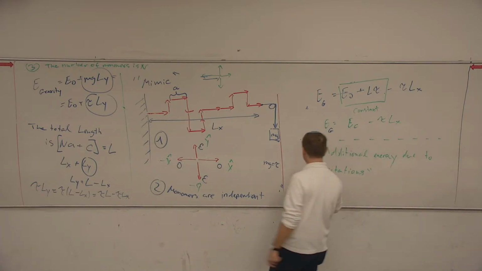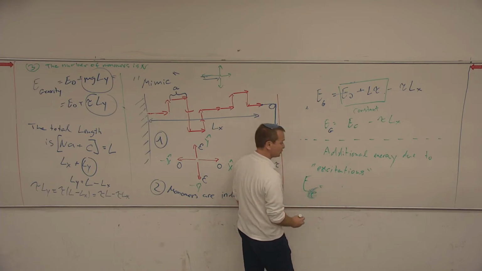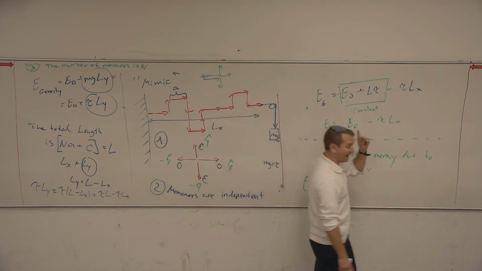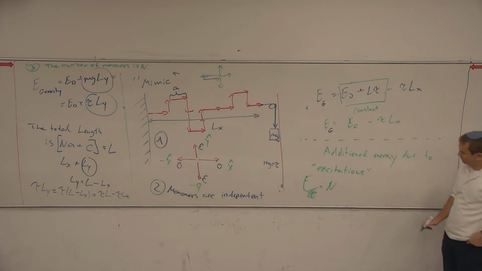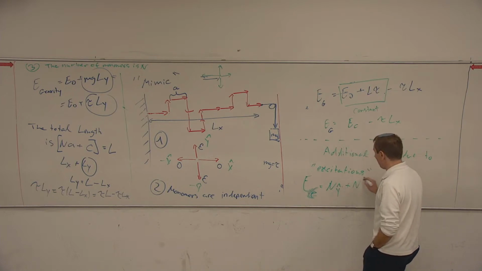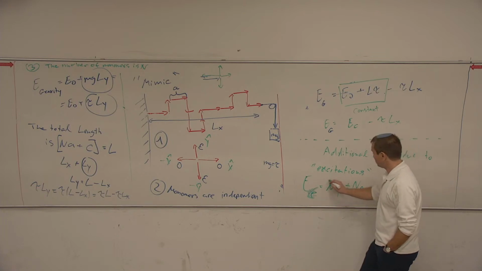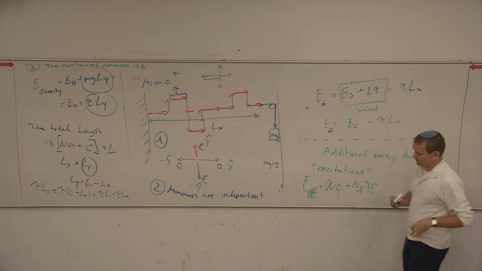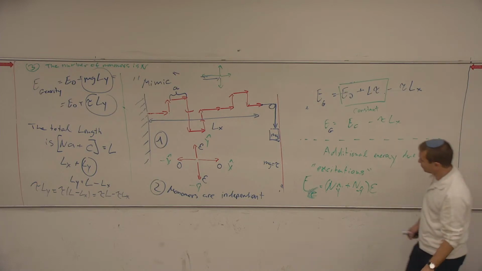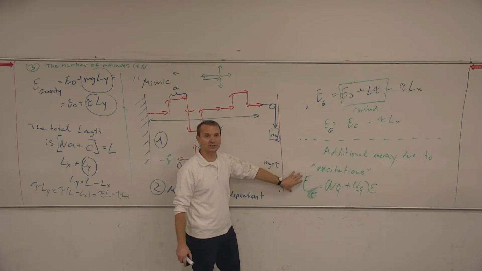Let's call it EE, equal to the number of monomers that lie in the Y direction plus the number that lie in the minus Y direction, multiplied by epsilon. So this is my total energy: I have a gravitational energy and I have an excitation energy.